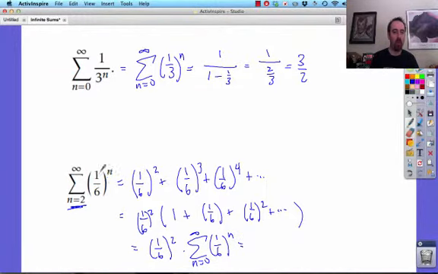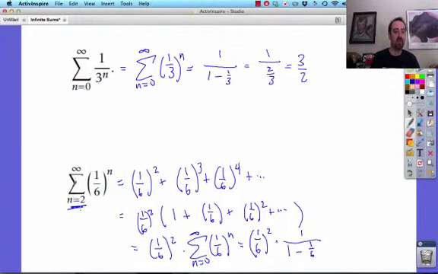So when we have an infinite geometric series, we're going to look at the first term, 1/6 squared, times 1 over 1 minus 1/6. So times what we would get if we weren't starting at 2.